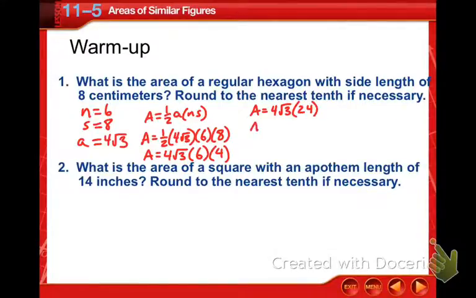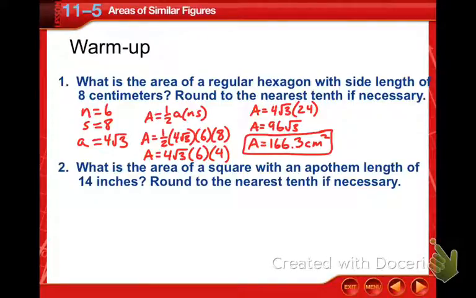And 4 times 24 is 96. So 96 square root 3. It does say round to the nearest tenth if necessary, so we'll go and get it in a decimal. And 96 times the square root of 3 is 166.3 square centimeters.